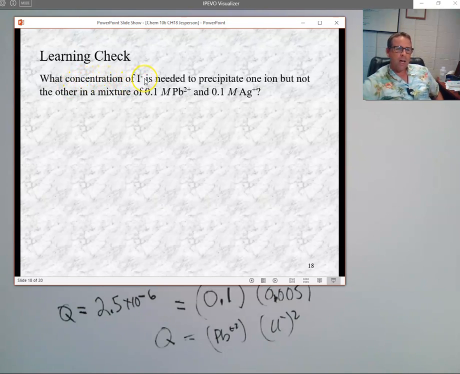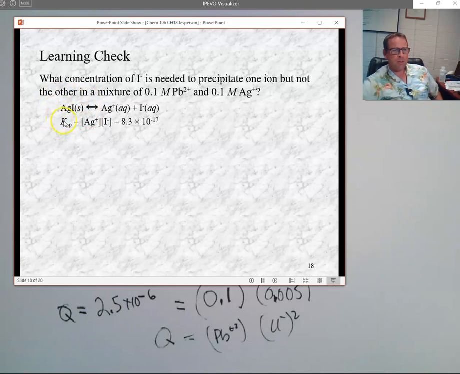What concentration of iodide ion is needed to precipitate one but not the other in a mixture of 0.1 molar lead and 0.1 molar silver ion? All right, so we need to get the KSP for both of these.